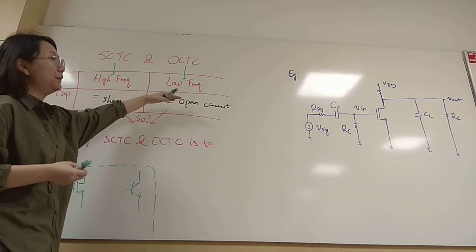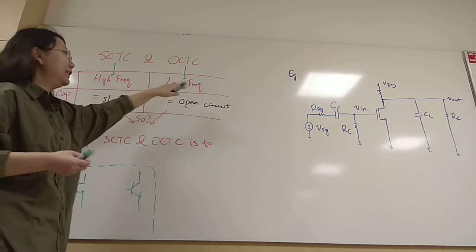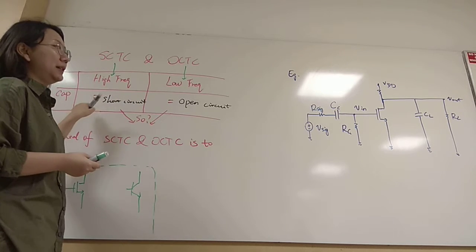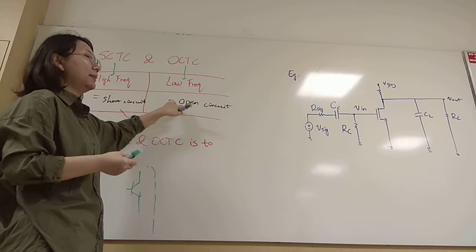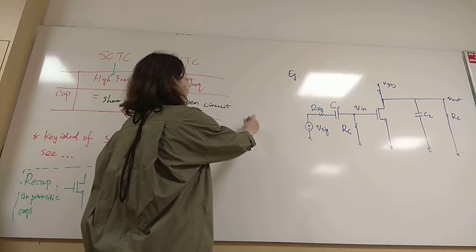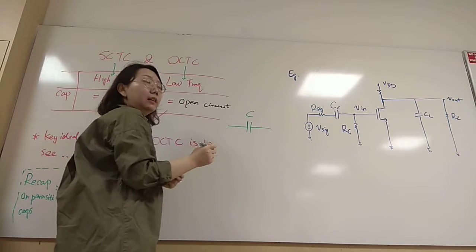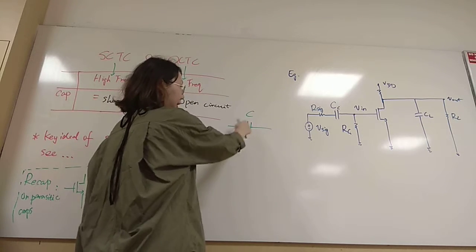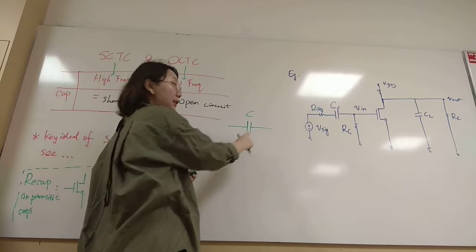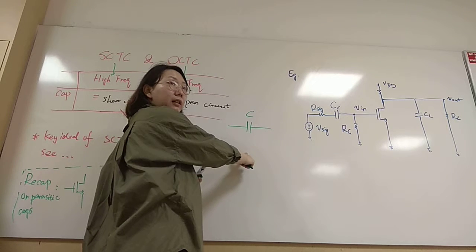Here basically is a revision for your previous part. For high frequency, a capacitor is like a short circuit. Low frequency, a capacitor is like an open circuit. Basically, just look at the capacitor symbol. This is your cap, right? You can see this part and this part are separated, because in between there is nothing.